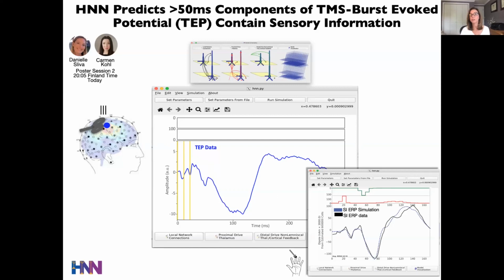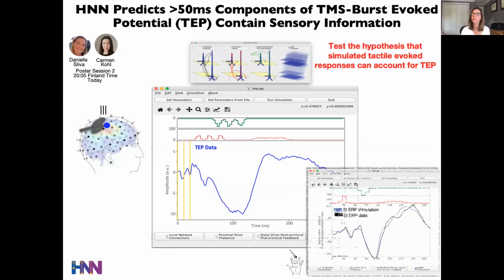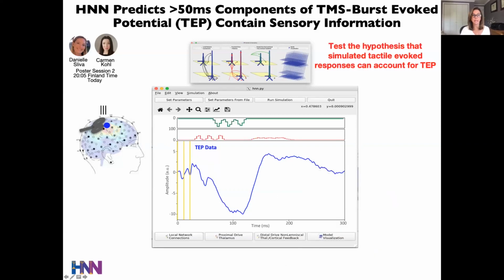And so what we're going to do to test that hypothesis is we're going to simulate a sequence of drive similar to the sequence of tactile input, but here we're going to do it 3 times because we're giving 3 pulses of TMS. And so we have this feed forward, feedback, feed forward input that's very similar to the input that creates the sensory component of a tactile input to the fingertip.